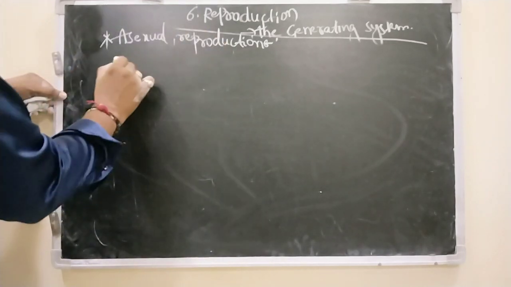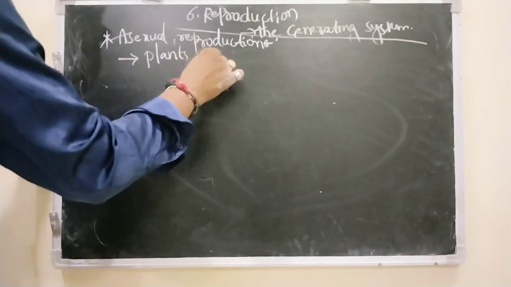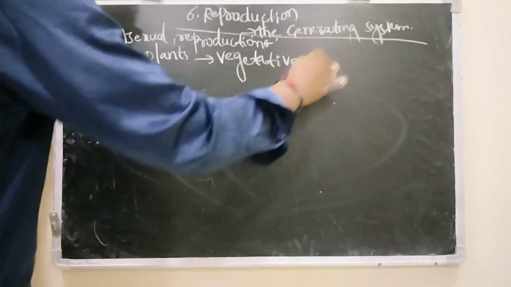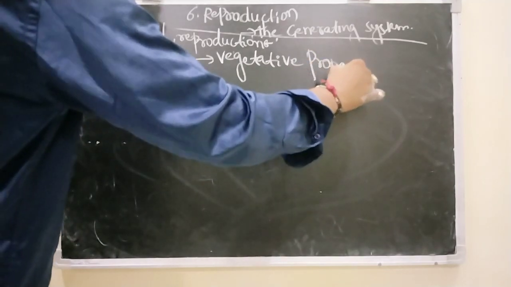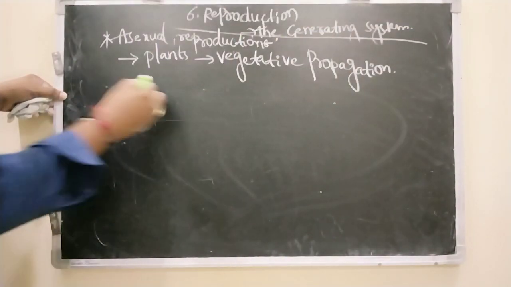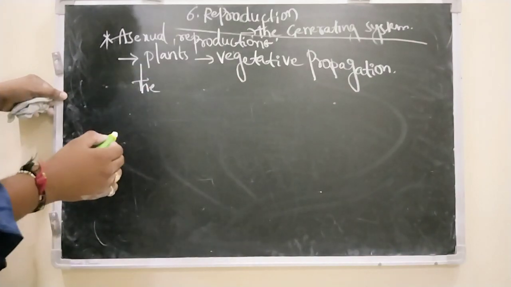Next, asexual reproduction in plants. Asexual reproduction in plants is called vegetative propagation. What is vegetative propagation? Actually, new plants are produced from seeds, right?